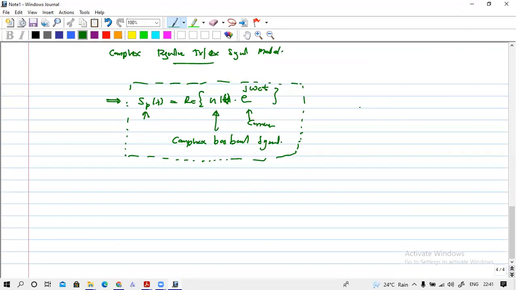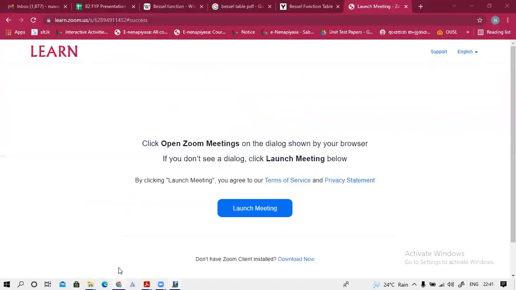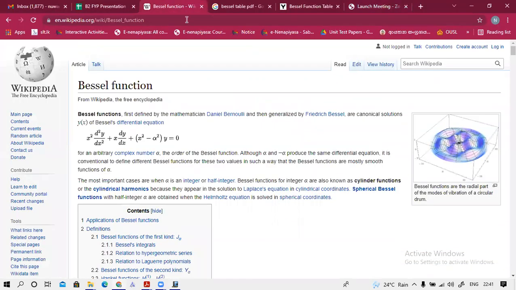The other thing is the Bessel function. I also don't have a full understanding of this Bessel function, but you can find some information in Wikipedia. It is said that Bessel functions are the solutions of this differential equation.